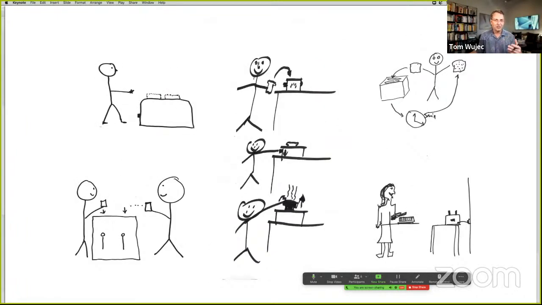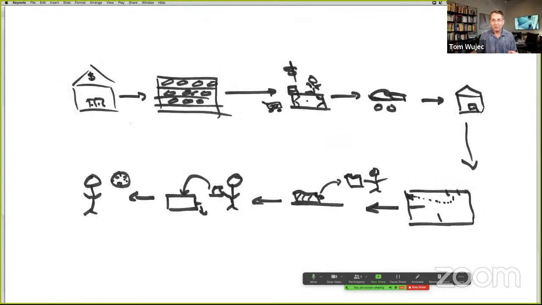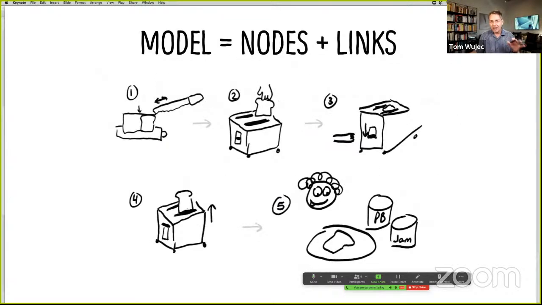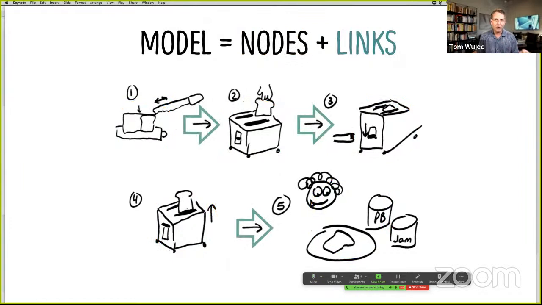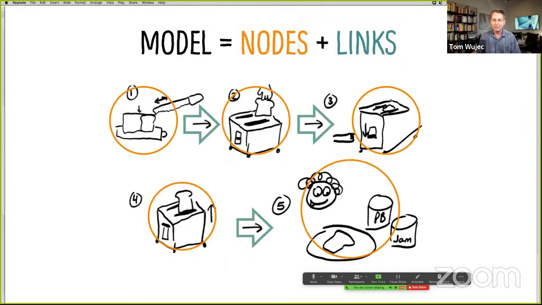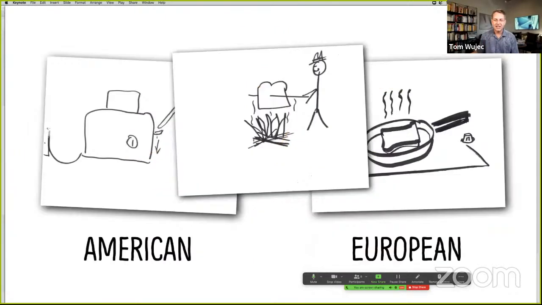Some people draw pictures of people, some people draw pictures of the supply chain, but every picture, more or less, has a collection of nodes and links. Later, we introduce the idea of territories, but the nodes are the parts, usually the nouns, the links show the flow or the connections between them. Systems models consist of nodes and links, also territories.